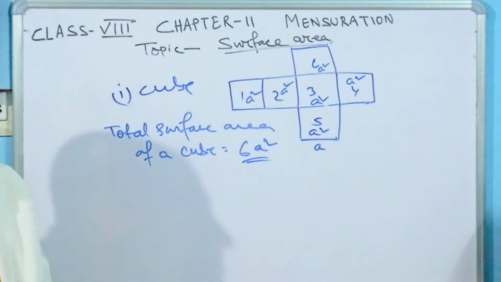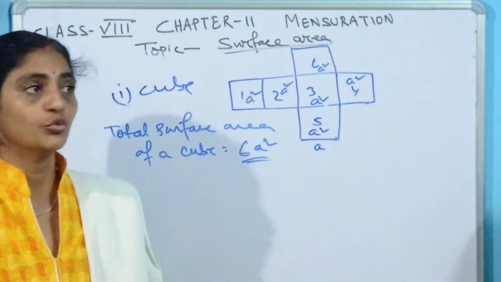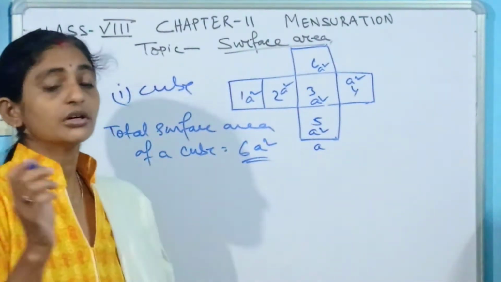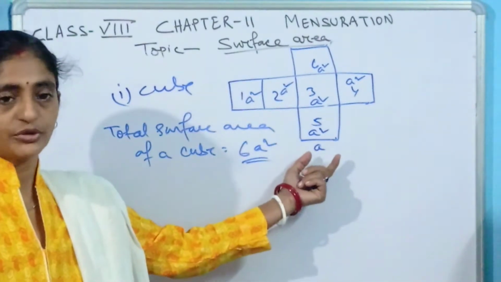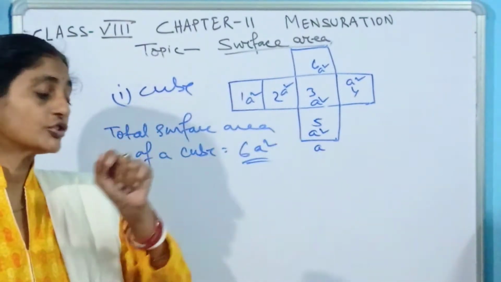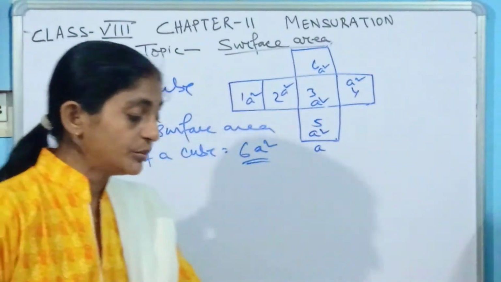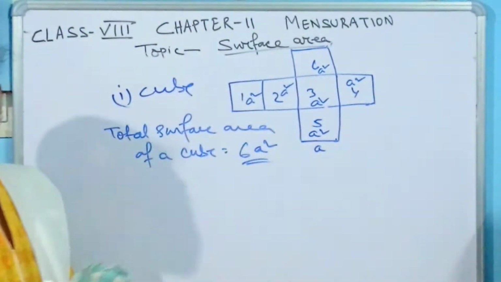The same thing will happen in the case of a cuboid, but the area part will change. Let's come to the net of a cuboid.